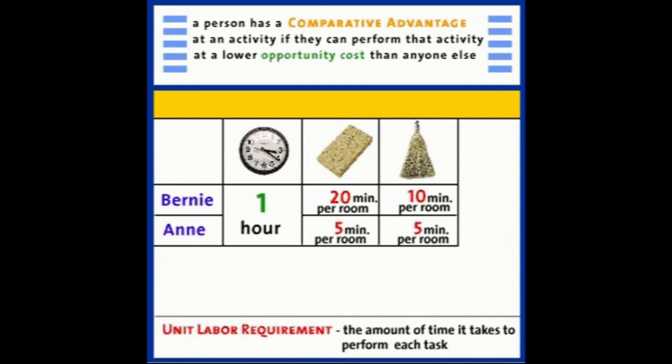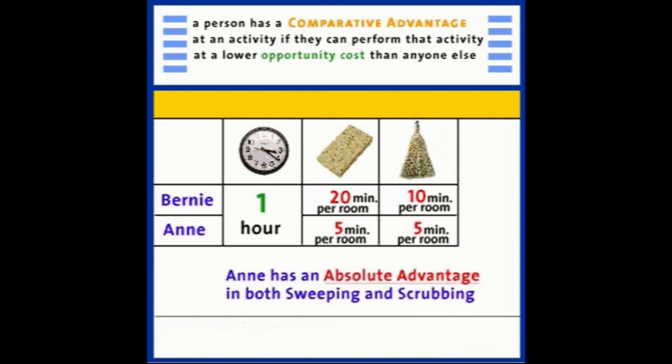We say that Anne has an absolute advantage in the provision of both services. Whenever you can do something with less effort or fewer resources than another person, you have an absolute advantage in the provision of that service. Because Anne can scrub faster, she has an absolute advantage in scrubbing. Because Anne can sweep faster, Anne has an absolute advantage in sweeping.